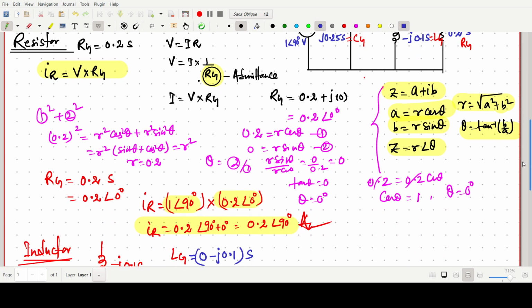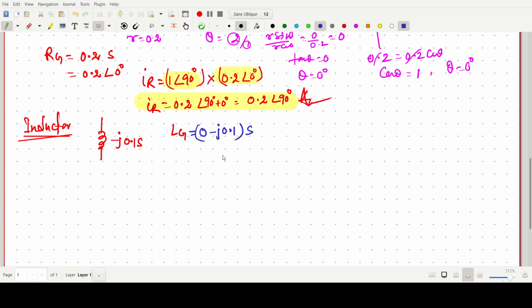So how do we do this one again? We can write 0 equals r cos theta and minus 0.1 equals r sin theta. We are just converting, real part r cos theta.